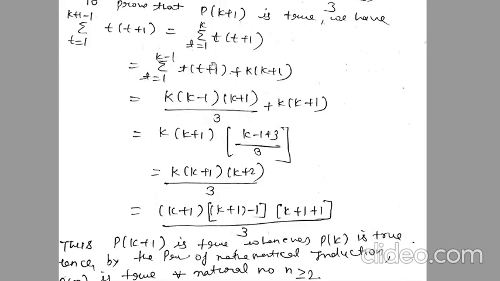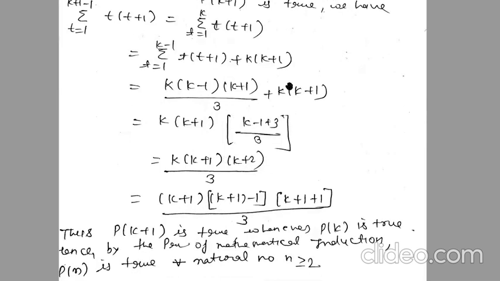So just put t is equal to k minus 1 here. So k minus 1 plus 1, that means k. So before that, for t is equal to 1 to k minus 1 of t plus 1, we have our value, and this is your numerical term.